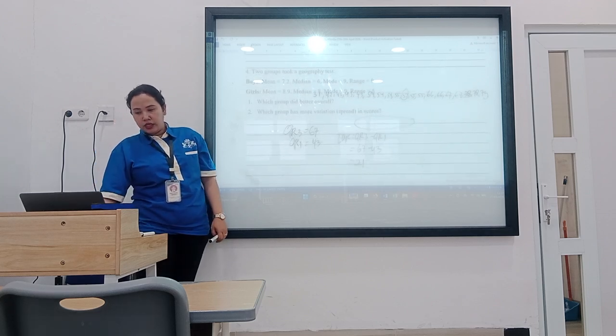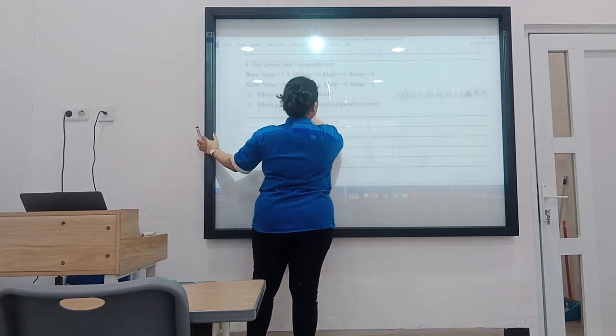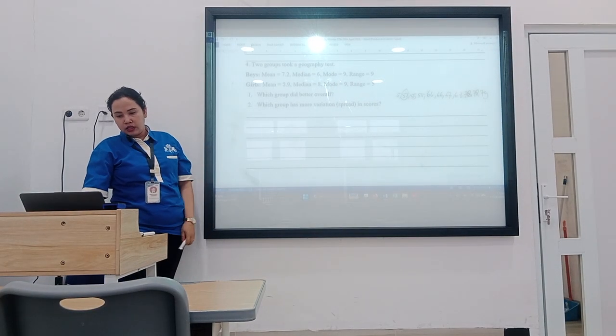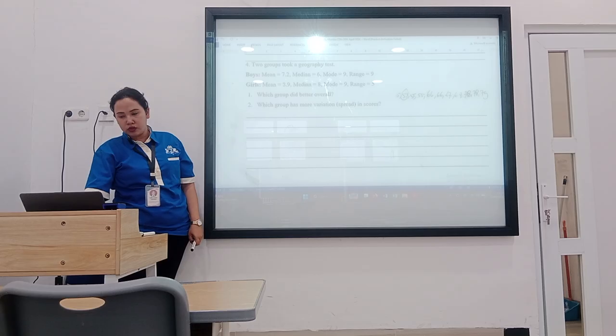Two groups took a geography test. Okay, there are boys and girls. The mean is different between boys and girls. Median also, mode and range. So which group did better overall?